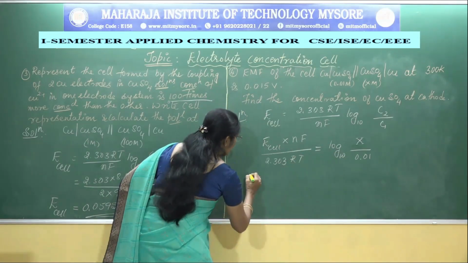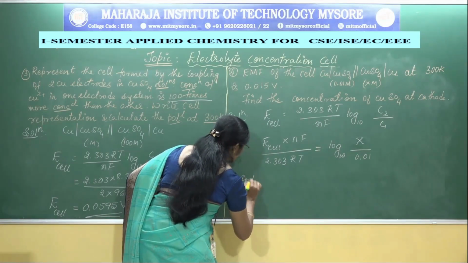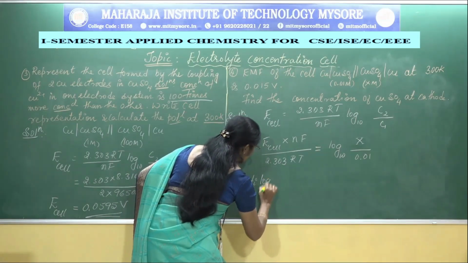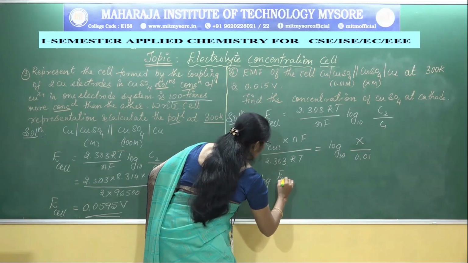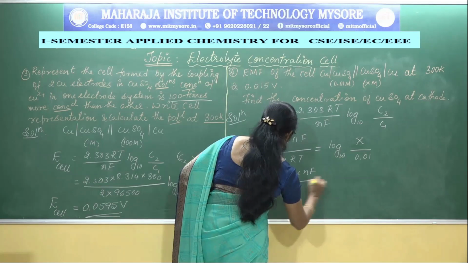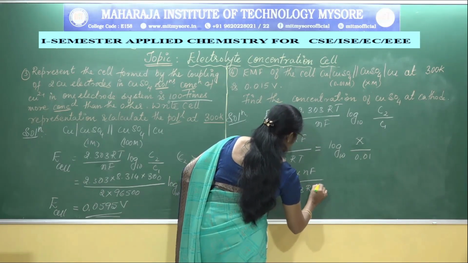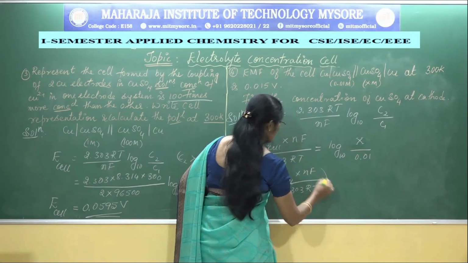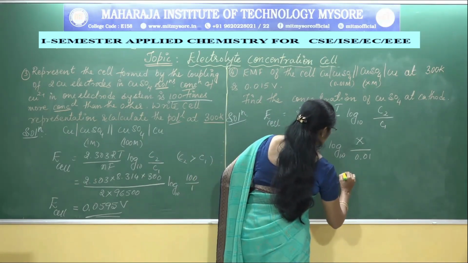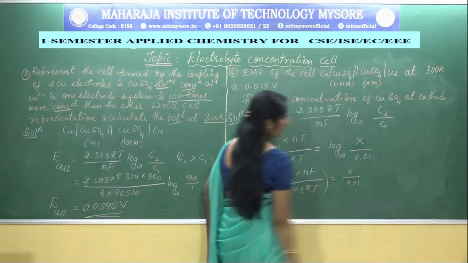Therefore anti-log of E cell into nF divided by 2.303 RT equals X divided by 0.01.